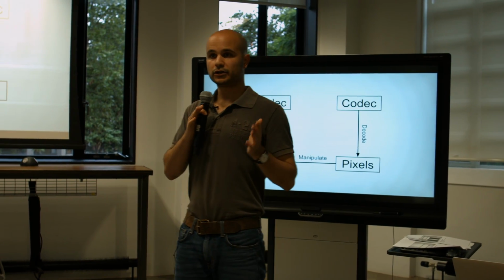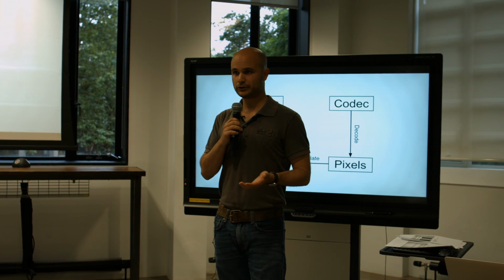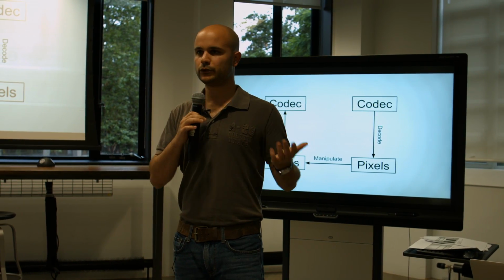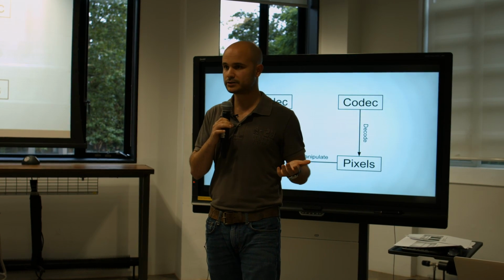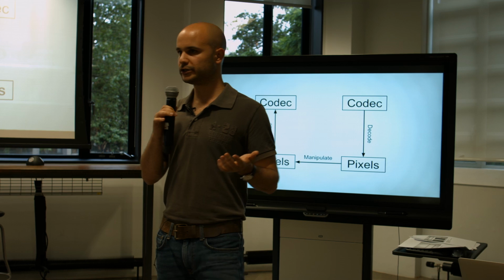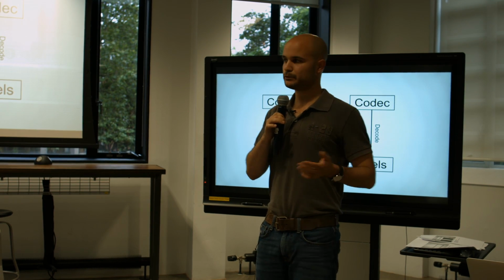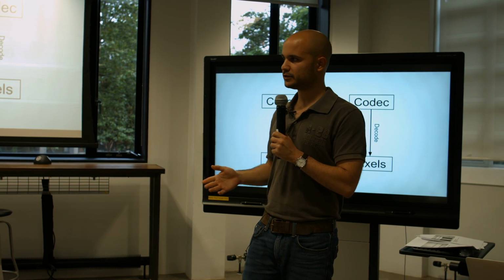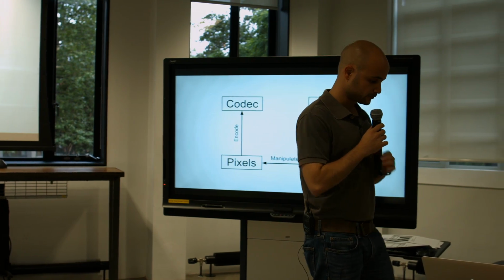You take an encoded JPEG image, you decode it using the JPEG codec, then you have a big array of pixels in memory, and then you want to do some transformations on this array. For example, you want to rotate it, or resize it, or blur it, or whatever. All of those are mathematical transformations you do, and then you get a new array of pixels. And then if you want to save that to disk, you need to use the codec again to encode this array of pixels into an image.